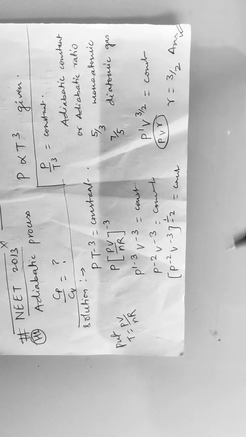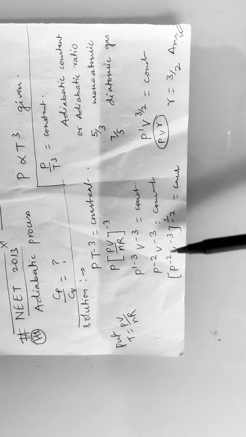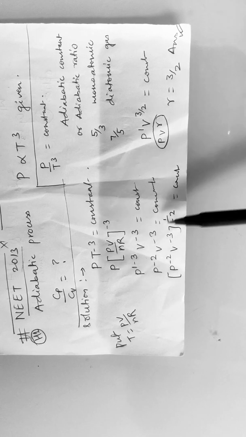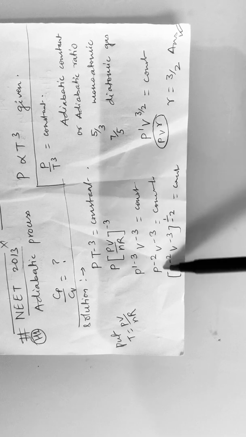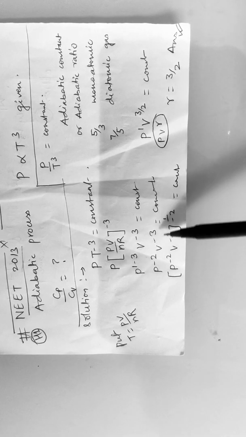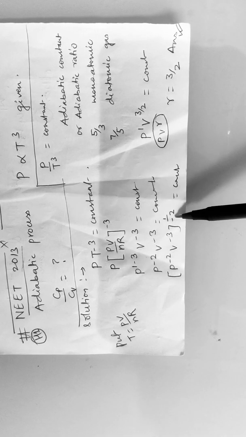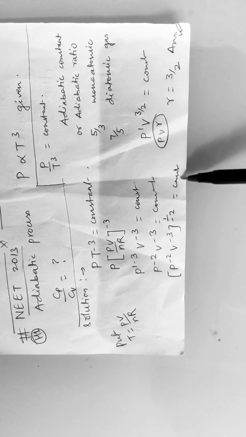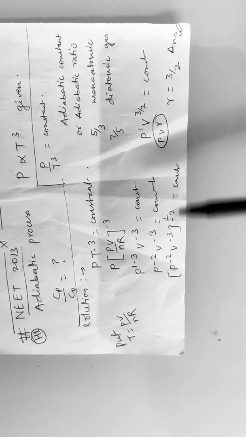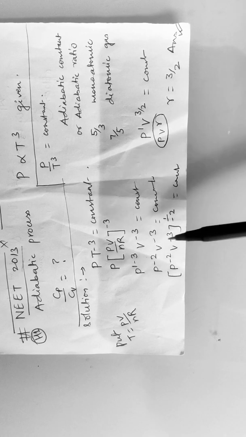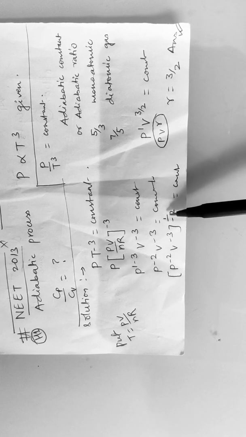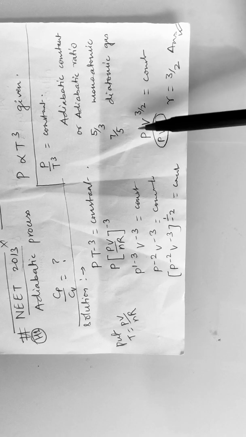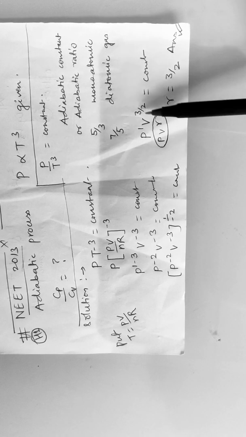Next, we have taken the whole thing raised to the power minus half, because this is actually a constant. For a constant, we can take the whole raised to the power minus half on both sides, this side also, so no effect. This will become another constant, and it is already a constant. So this P raised to the power minus 2, with the whole raised to the power 1 by minus 2, will make it P raised to the power 1, and V raised to the power becomes 3 by 2.